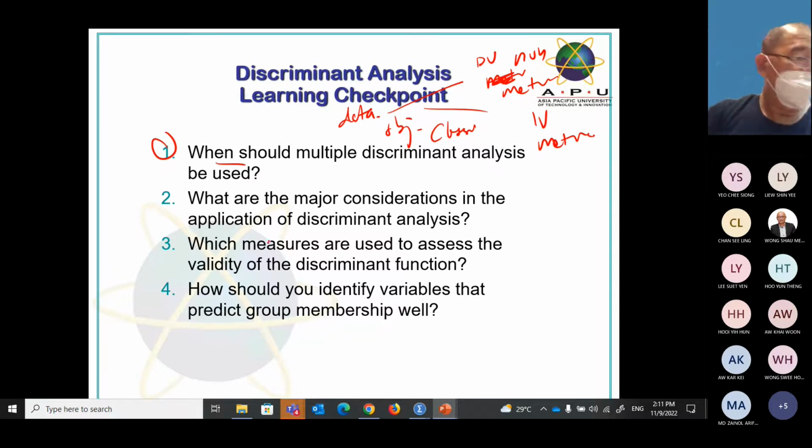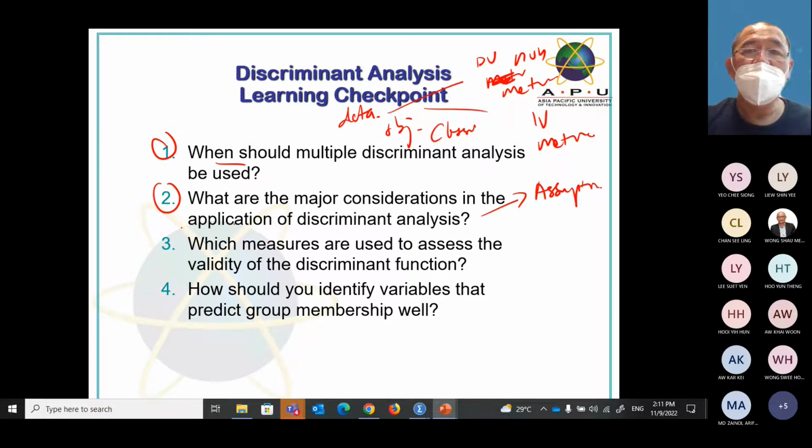For part two, of course, we also see the major considerations. We must see the assumptions. It's quite similar to number one, the rest is the same, meaning the data and also the objective.